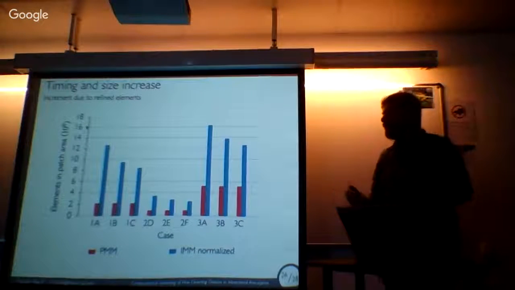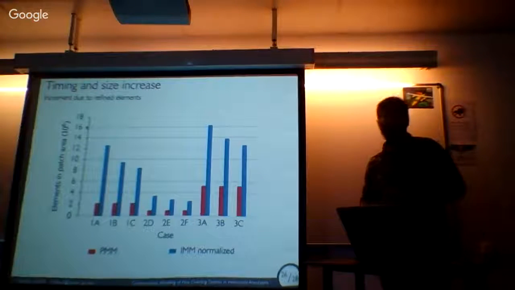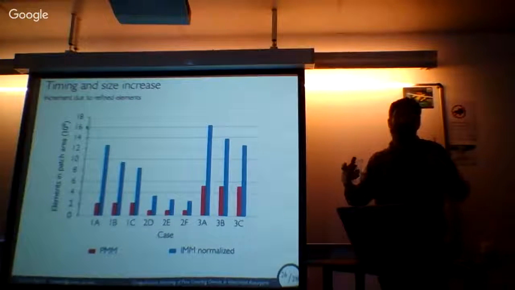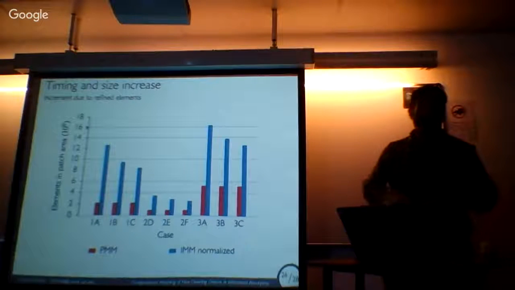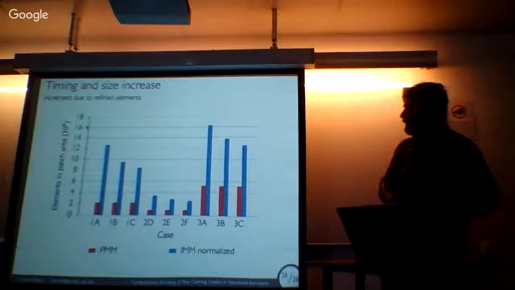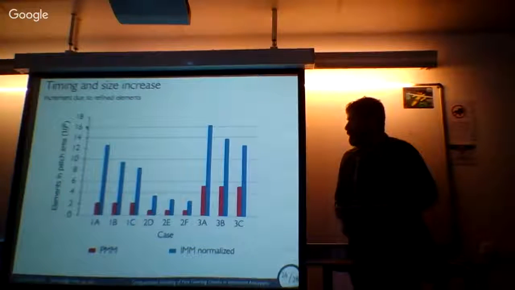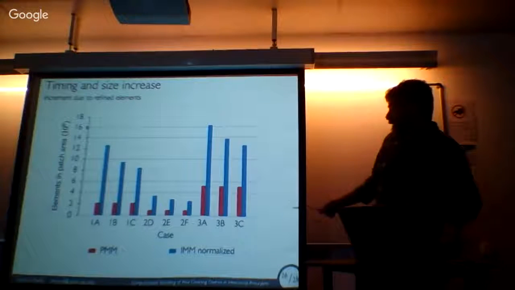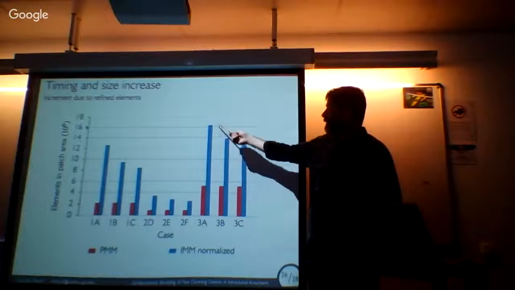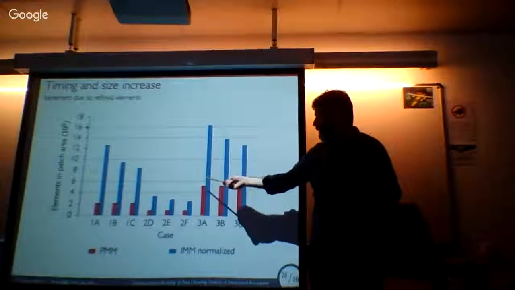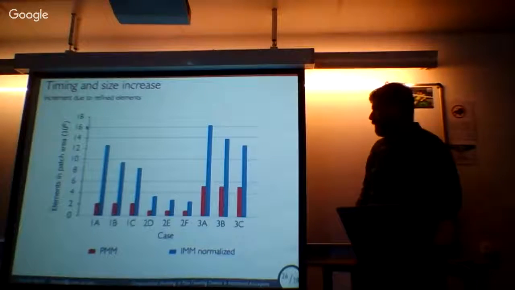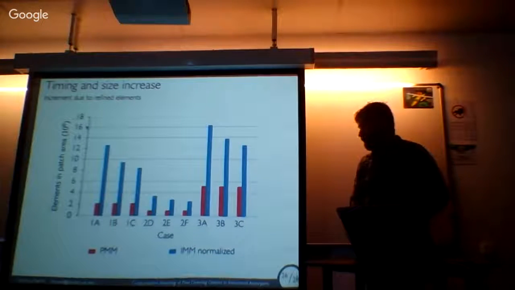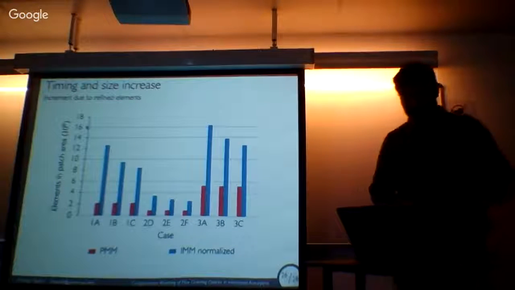So if we really want to see the improvement of this technique, we need to adjust the areas to the same area in both cases. When we do this correction, we find that we still have huge savings in elements. We are, for example, in this case, going from 16 million elements to 5 million elements. So we are still getting huge reductions in time and in memory.